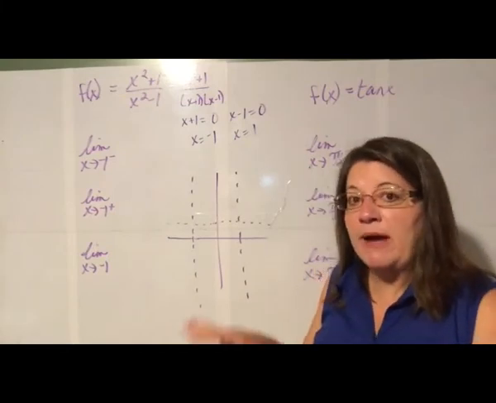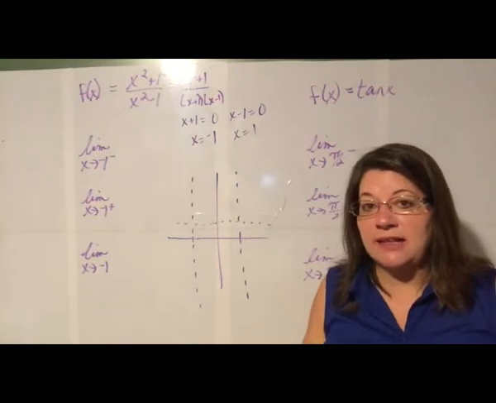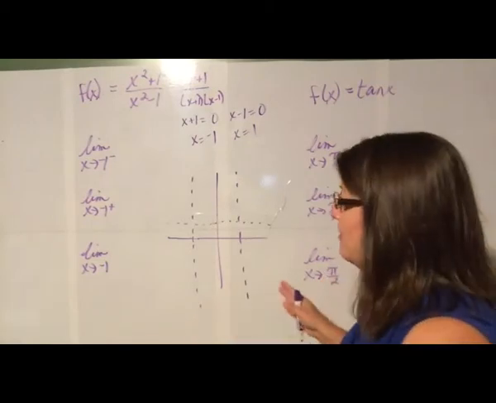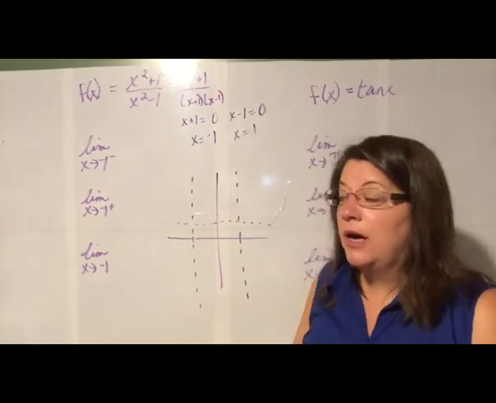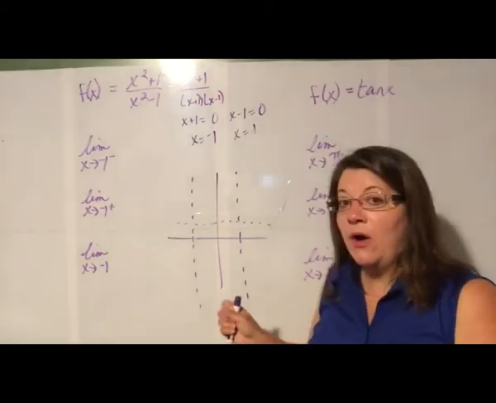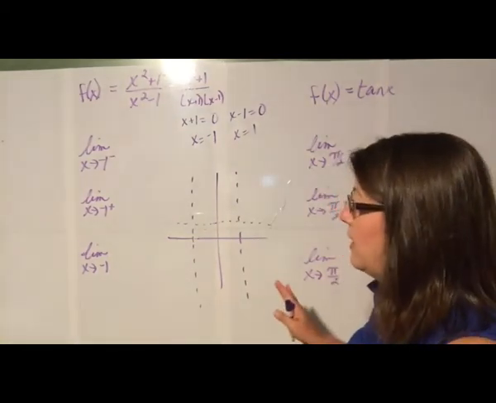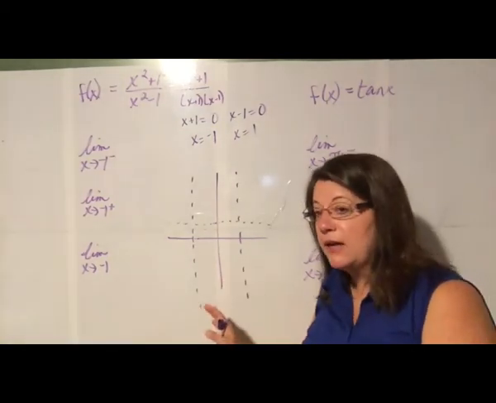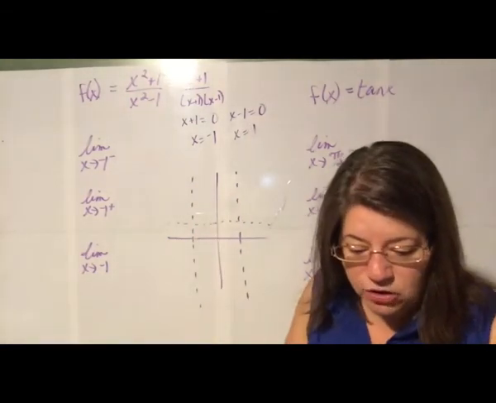The calculator will graph the line, but it's not going to graph the asymptotes so you can see exactly where they are. If those asymptotes end up being fractions or decimals, unless you know exactly where they are, you might get these wrong. So you should do your asymptotes by hand if at all possible, and then use the calculator to help you determine what's happening in each of the different sections.